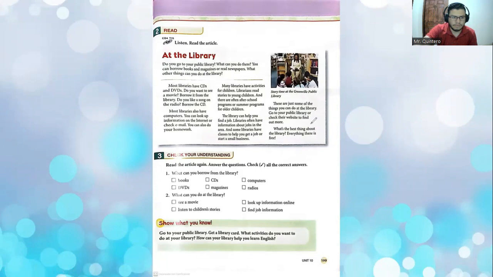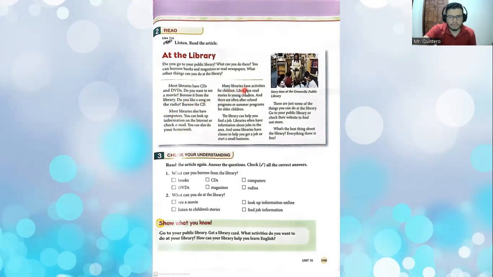Most libraries have CDs and DVDs. Do you want to see a movie? Borrow it from the library. Do you like a song on the radio? Borrow the CD. Most libraries also have computers. You can look up information on the internet or check email. You can also do your homework.